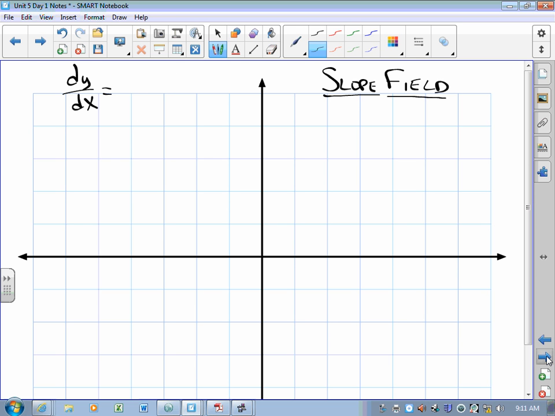I'm going to start with something that's a little bit easier. So let's pretend that dy dx is negative 2x. And let's pretend that I want to draw pieces of tangent line at a variety of locations around the grid.